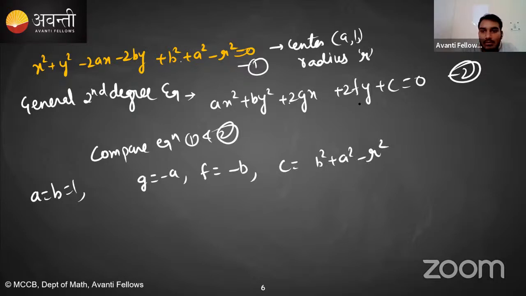And plus 2hxy also comes in one place, and h is 0. Is this clear? So far clear?